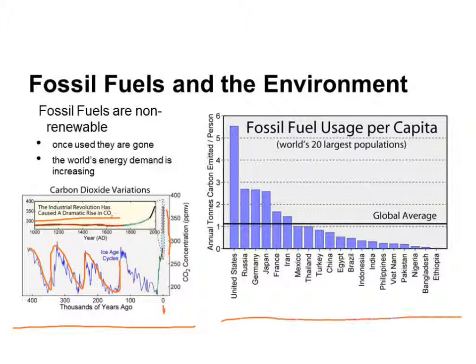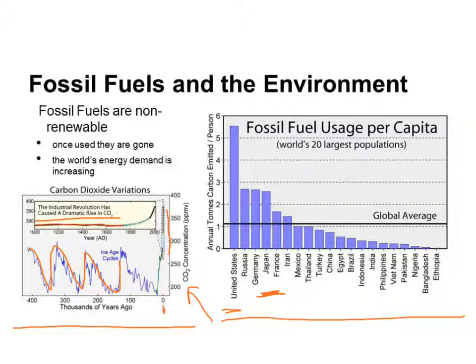This graph shows the fossil fuel usage per capita. The United States is right up there. Canada is not in this graph, but Canada would be in this area right here. Germany, Japan, France, where we are consuming a lot of fossil fuels to produce our energy demands. And therefore, this relates directly back to the previous graph: carbon dioxide concentrations are growing higher.